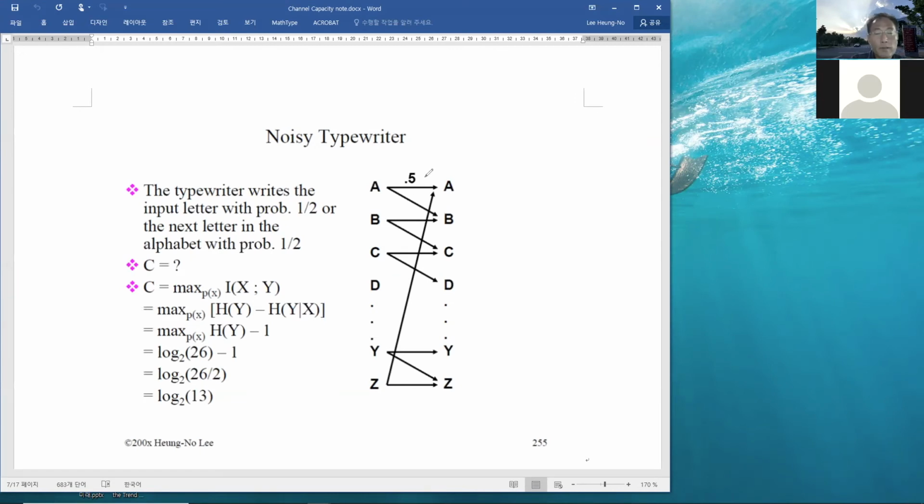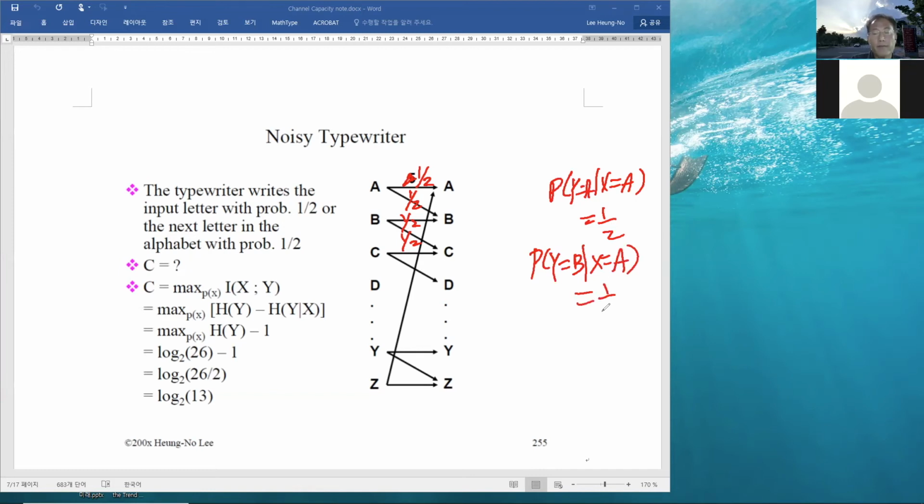So this is the probability I have, and the same with the rest. So basically, the probability of y equal to b given x equal to a is a half.